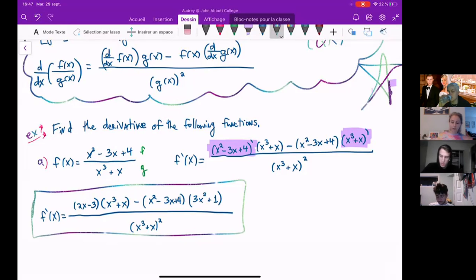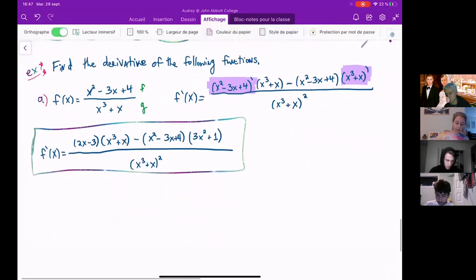Okay, so that's our first quotient rule. Are there any questions? Good. So in this next question, let's find a tangent line.